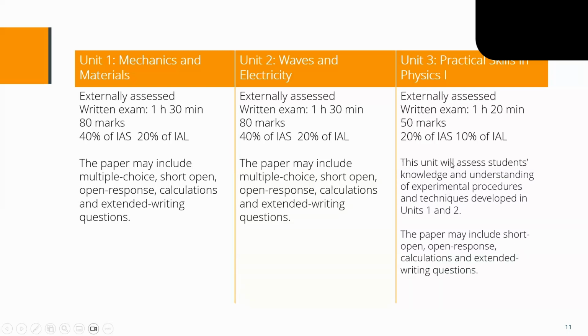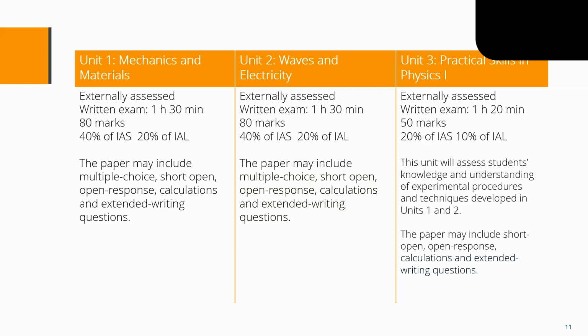And Unit 3 is assessing the practical skills, the knowledge and understanding from experimental procedures and techniques that have been developed while students were doing practical activities as they studied Units 1 and 2, the 2 content modules. The paper also includes short open response calculations and extended writing questions, no multiple choice questions in the Unit 3 practical paper.